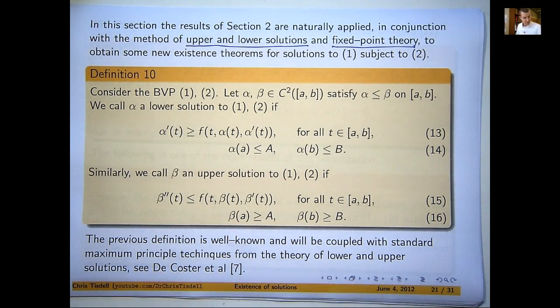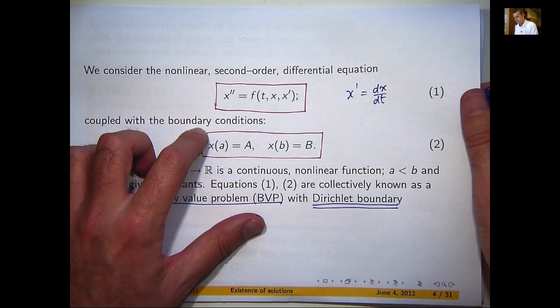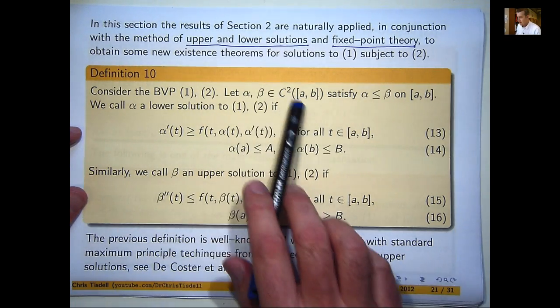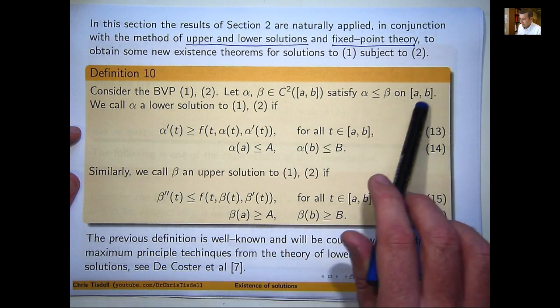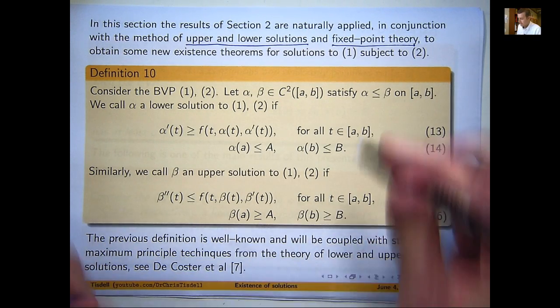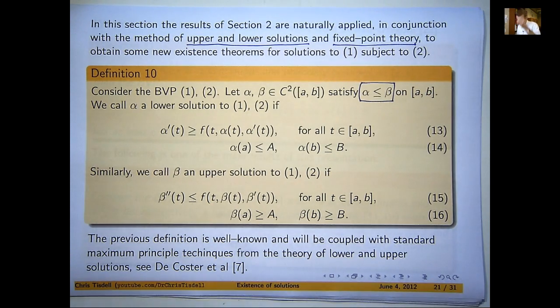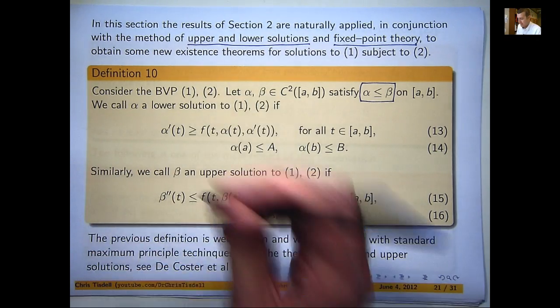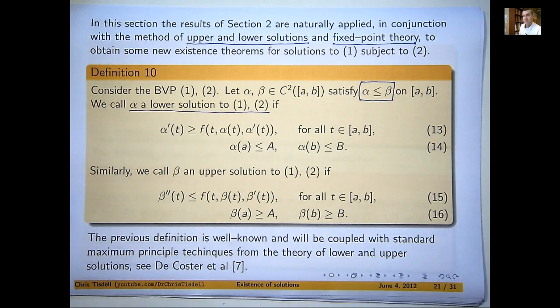Okay, here's a definition. Consider the Dirichlet boundary value problem 1, 2. Let alpha and beta be C2 functions that are well ordered on this interval. In particular, we assume that alpha is less than or equal to beta. We call alpha a lower solution to our boundary value problem if alpha satisfies the following inequalities.